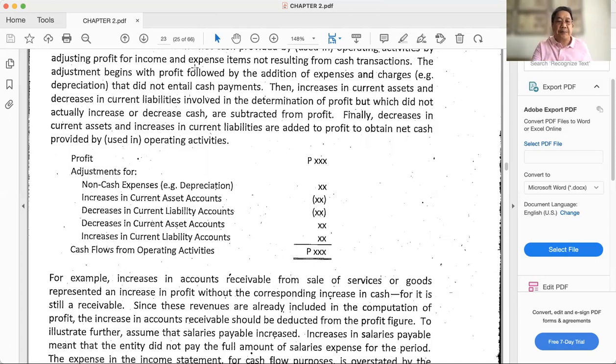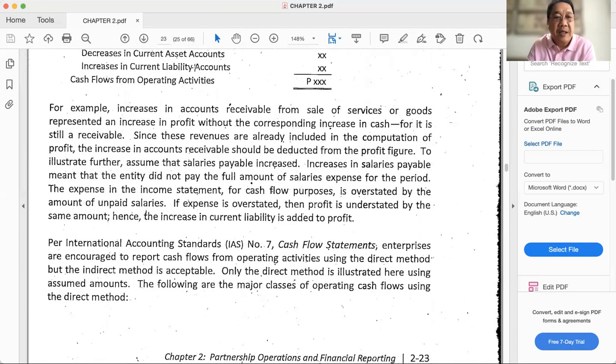For example, increases in accounts receivables from sale of services or goods representing an increase in profit without the corresponding increase in cash. Okay. Pag debit accounts receivable, credit sales. So, kasama ba yan sa cash flow? Hindi. For it is a receivable.